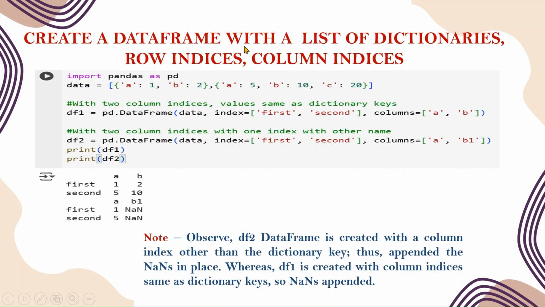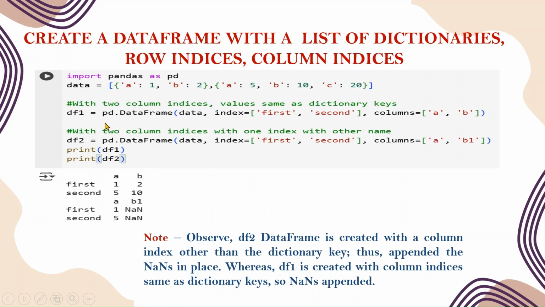Now create a data frame with a list of dictionaries, row indices and column indices. Try to understand. Here again I've taken the same thing: an inner dictionary, one more inner dictionary, and the outer list, with the same values A with 1, B with 2, A with 5, B with 10, and C. Now with two column indices, values same as dictionary keys.